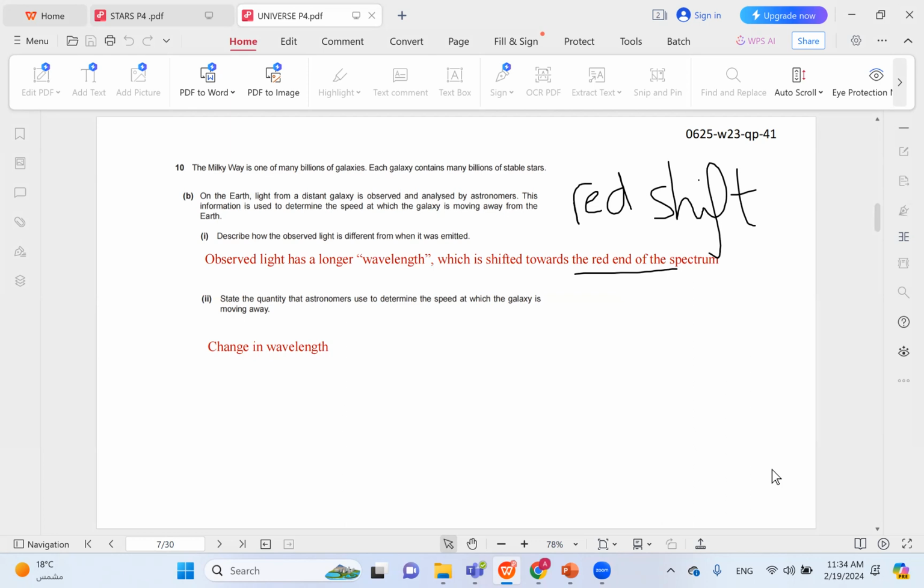So you should know that there are 7 subspectra of light in a sense: red, orange, yellow, green, blue, indigo, violet. And before red, you should know from other chapters that we have infrared. And then after violet, we have ultraviolet.